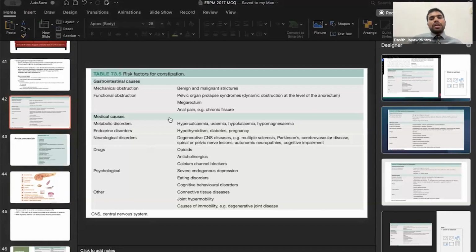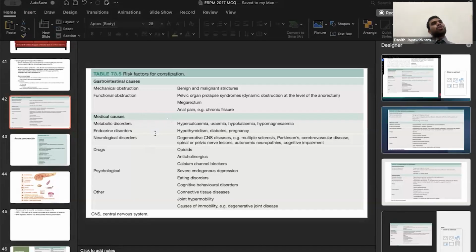Actually, sorry, it is hypernatremia that causes constipation, not hyponatremia. So hyponatremia is false.